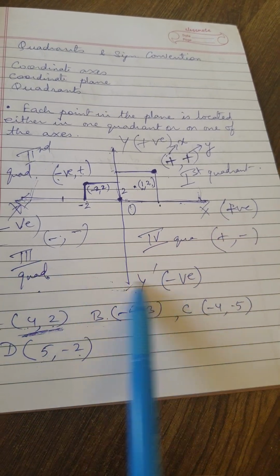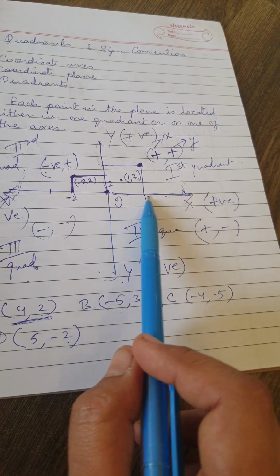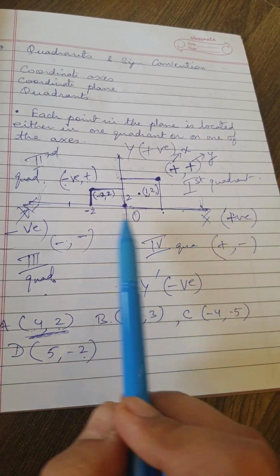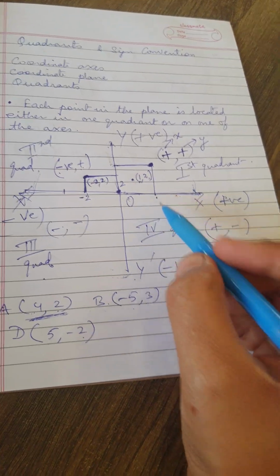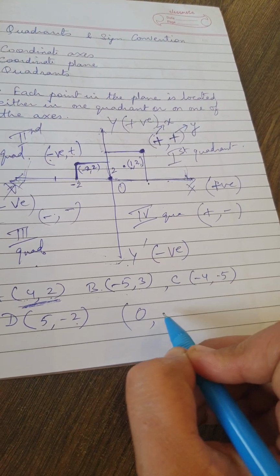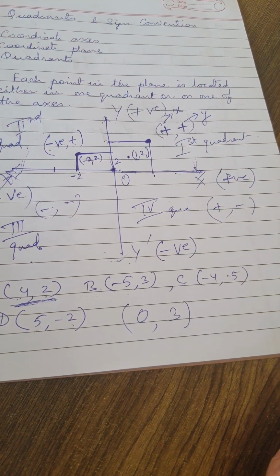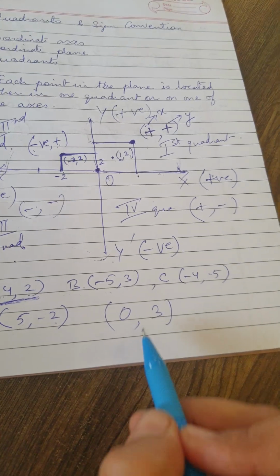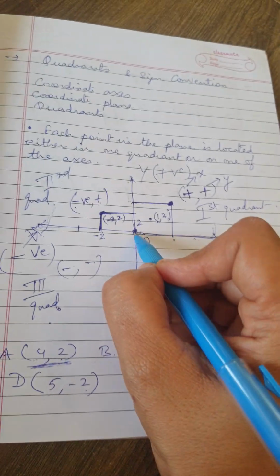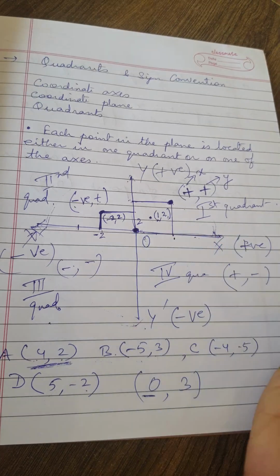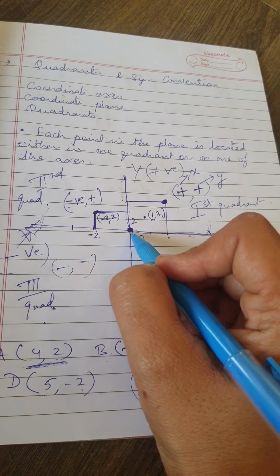So each point in this plane is located either in one quadrant or on the axis. On the axis means there is a case where you have a point like (0, 3). So you plot this 0 over the x-axis, at the origin, where your x is 0.